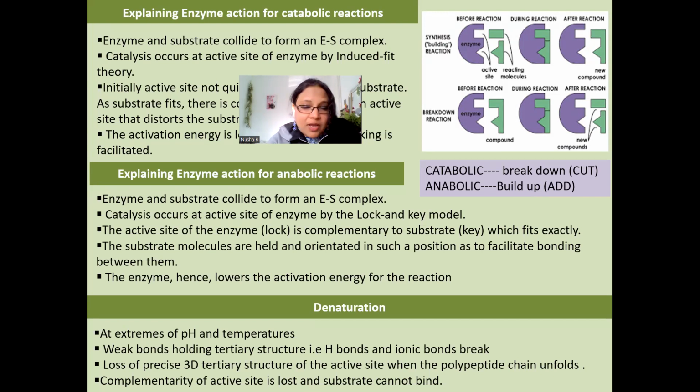So the formation of maltose from starch would be considered a catabolic reaction, whereas an anabolic reaction would be, for instance, synthesis of starch from glucose. We're starting with simple molecules, and we're getting a bigger, more complex compound.